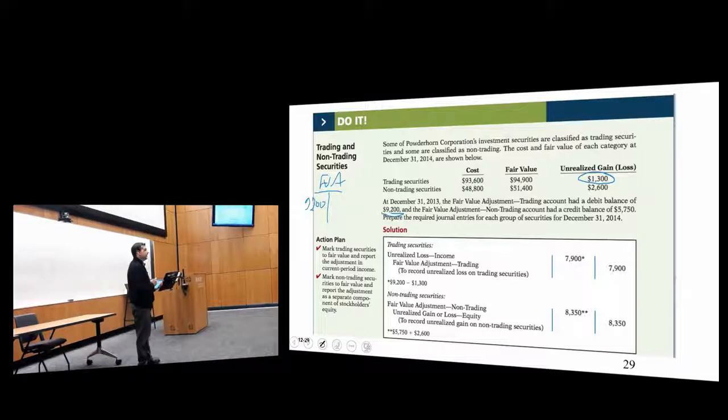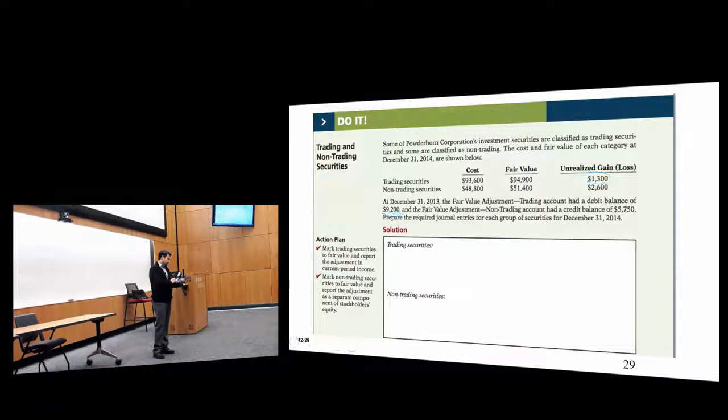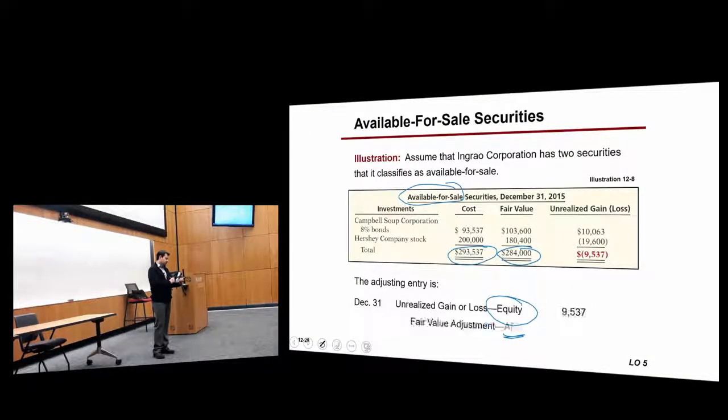So what does it mean? Remember, when you have a gain, what do you do with the gain? You credit gain and you debit a fair value adjustment, right? If you remember, this was the journal entry when we had a loss.